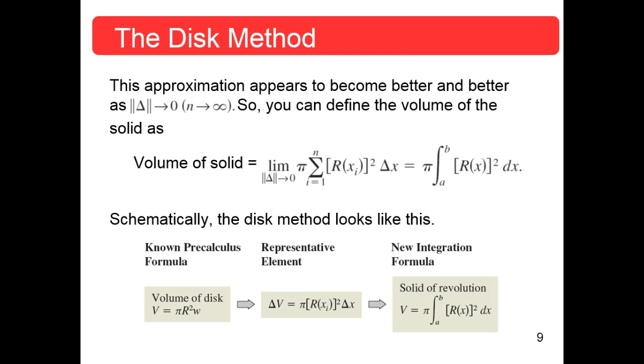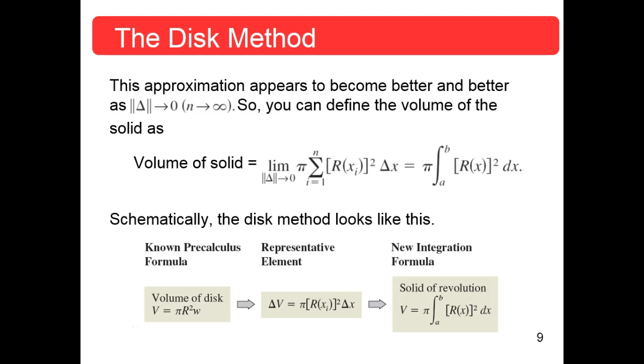So you can define the volume of the solid as the limit as your delta x goes to zero, your n goes to infinity, of pi times the sum of your function value squared times your delta x. This then goes to pi times the integral from one end to the other, r of x squared becoming f of x.